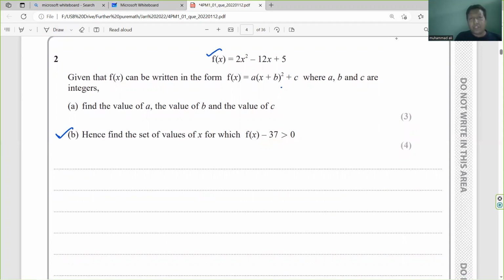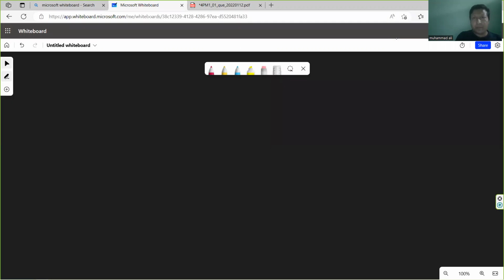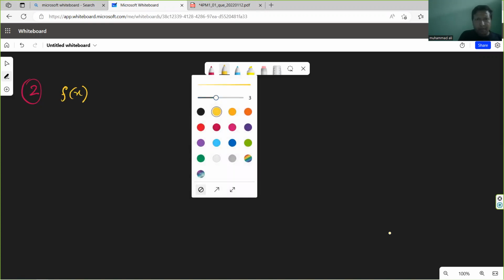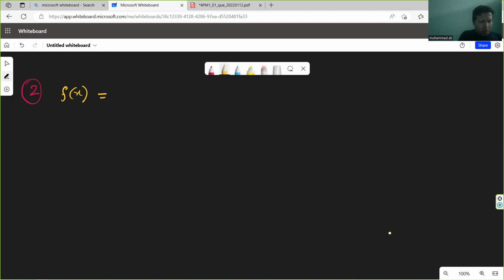The function f(x) equals 2x squared minus 12x plus 5. Okay, now see. At first, we write f(x) equals 2x squared minus 12x plus 5.